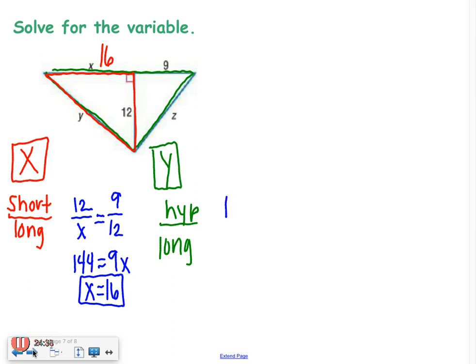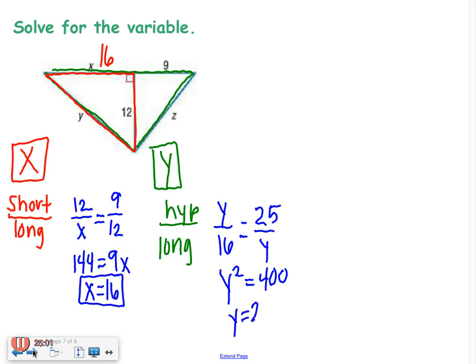So our long side is, oops. Did you get 20 on your own? Y equals 20? I did the Pythagorean theorem, but I got that. That's okay. At the end of the day, it's how you get the answer that matters, not anything else.